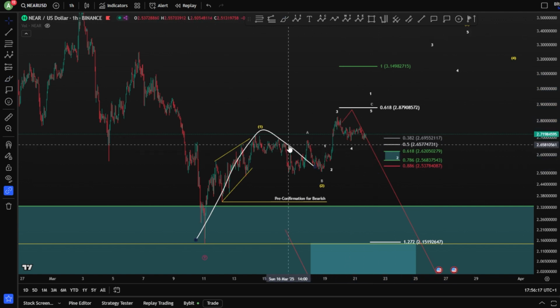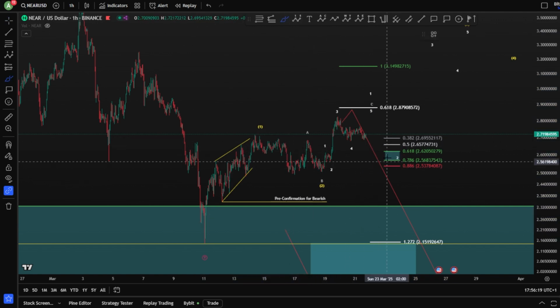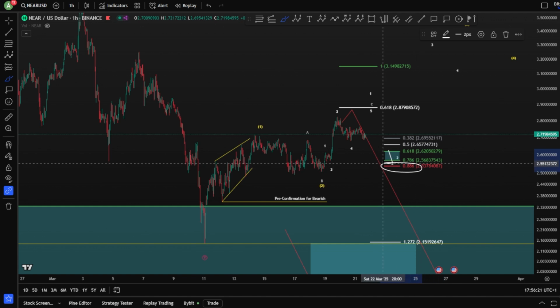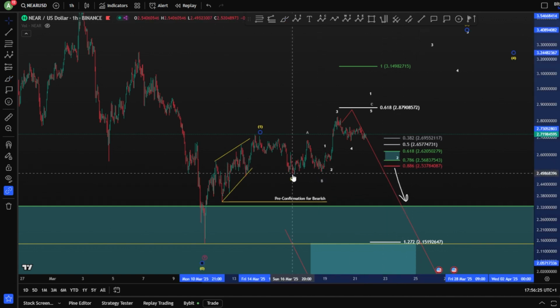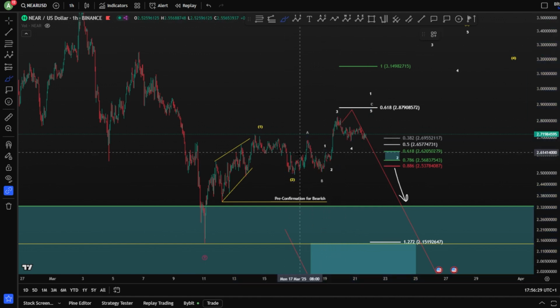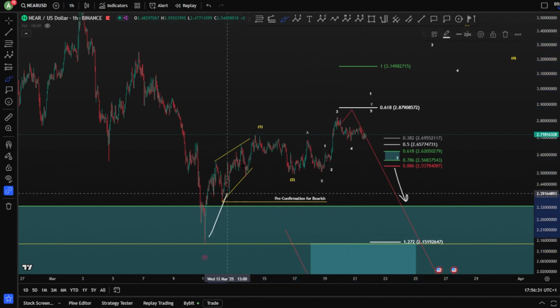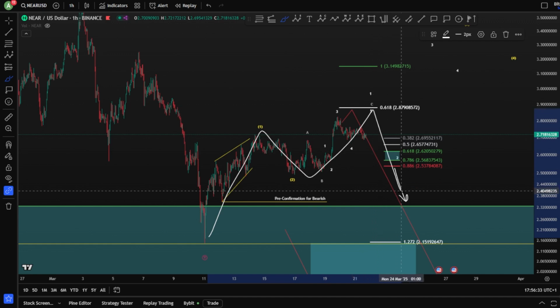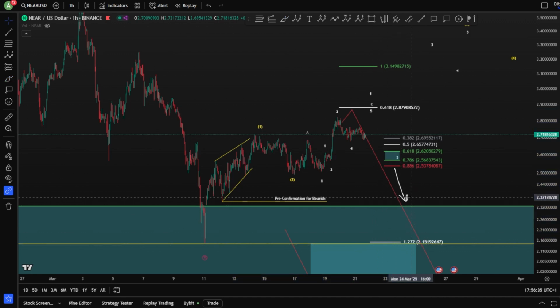So unless we pass this fib level 886, meaning we're moving toward the downside, your wave 2 goes back here, you are in ABC towards the upside here, corrective, you finished a big ABC, and you continue towards the downside. So those are the probabilities, guys.